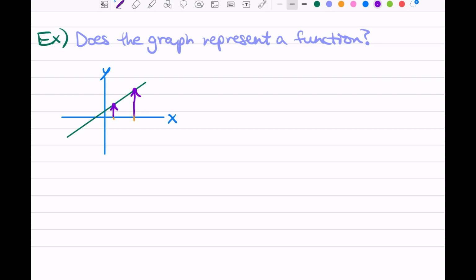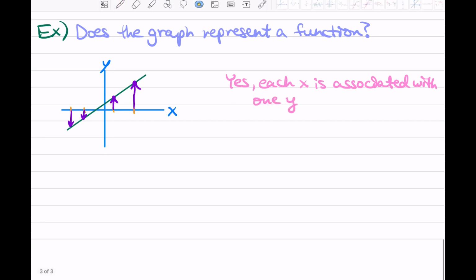You can just go down this line and keep picking x's and see that they're associated with one y. So yes, this is a function. Yes, each x is associated with one y.